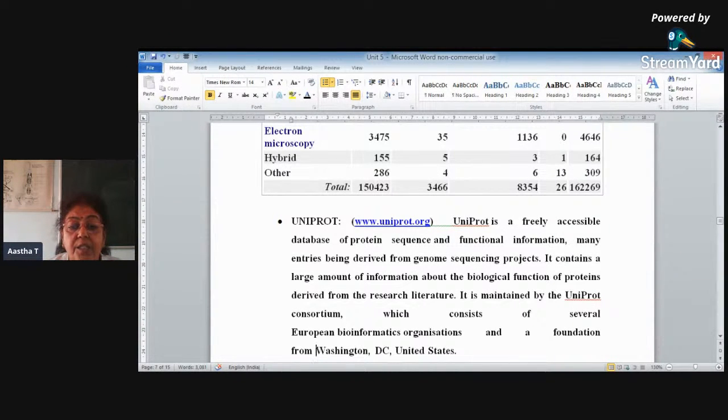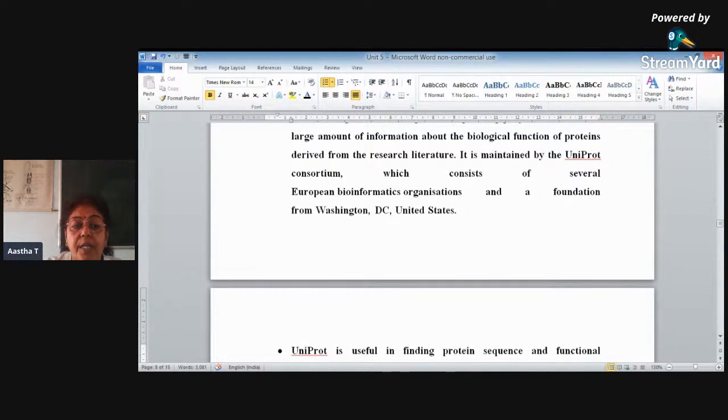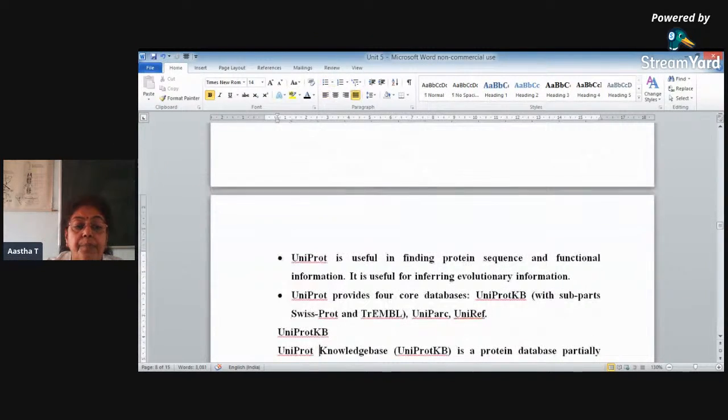It contains large information about the biological function of proteins, which has been reported in various types of writings or journals or research papers. It is maintained by UniProt consortium, which consists of European bioinformatics organizations and a foundation from Washington DC, United States. हे दोघं मिळून त्याला सांभाळतात.